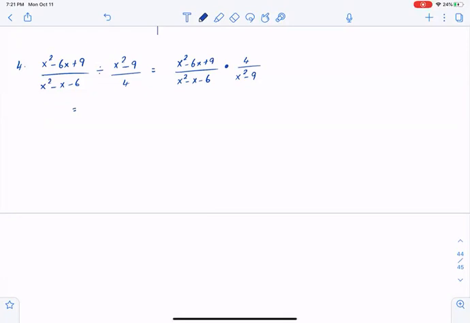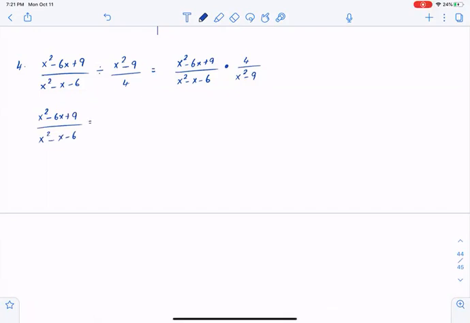The numerator is x squared minus 6x plus 9, which is simply, well, let me do them separately. So x squared minus 6x plus 9 divided by x squared minus x minus 6 is our first rational expression.